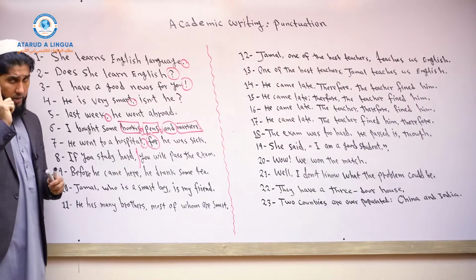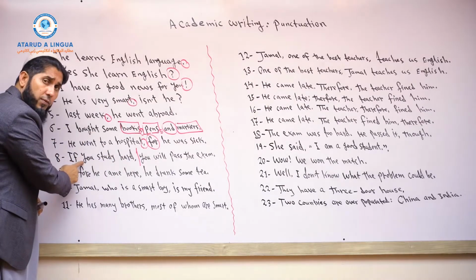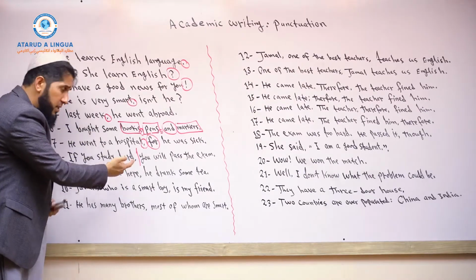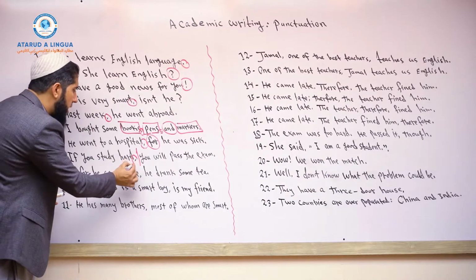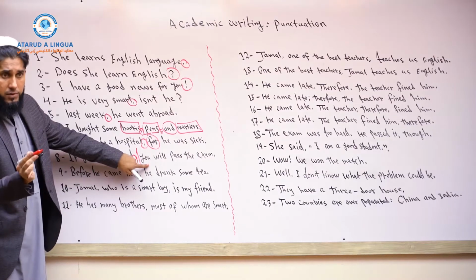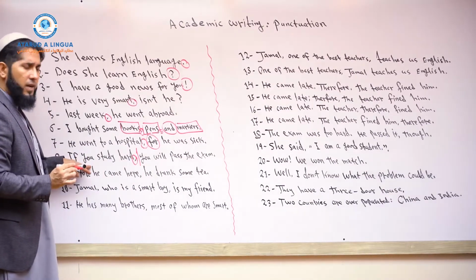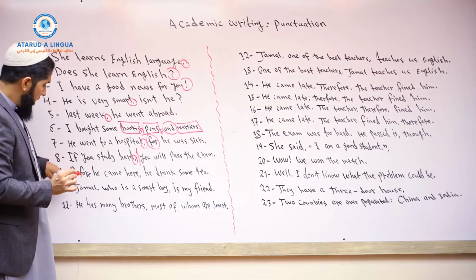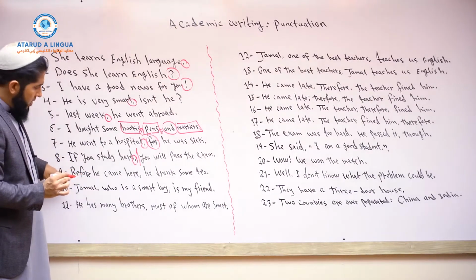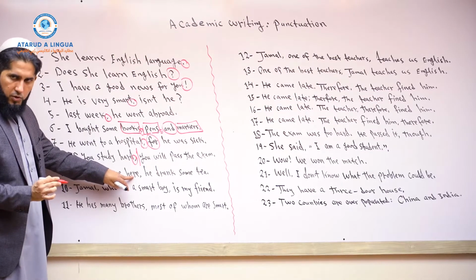So keep in mind that whenever you want to bring your adverb clause first in your complex sentence, you must use a comma right before the main clause starts. So I brought just 2 types of adverb clauses: adverb clause of condition and adverb clause of time. Before he came here, adverb clause of time, it comes first in this complex sentence.